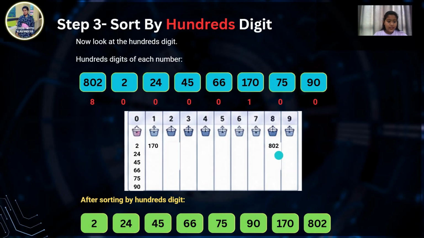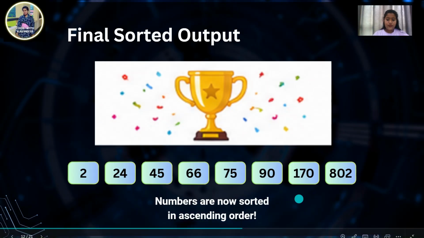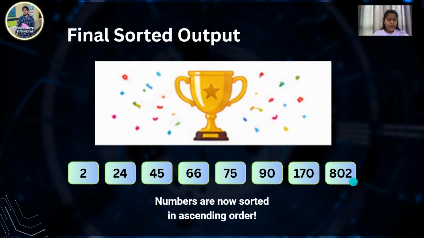After collecting all numbers from the buckets one last time, look at what happened. Our array is fully sorted in ascending order: 2, 24, 45, 66, 75, 90, 170, 802.